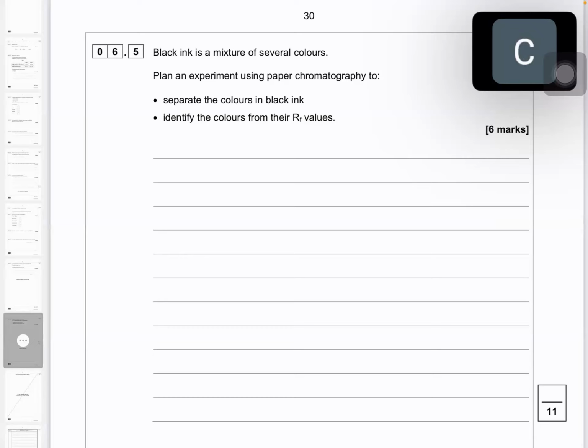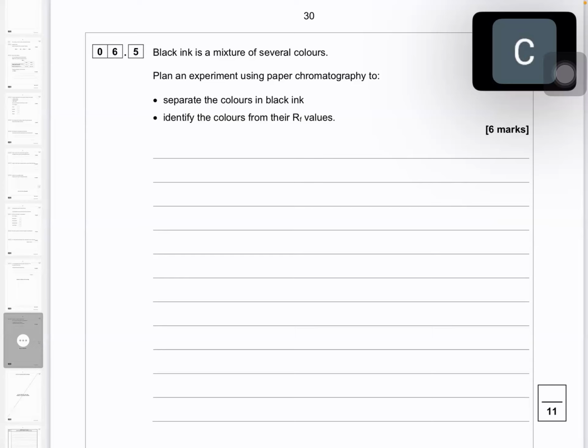Water is a good solvent for things like salt, but it would not work for black ink. Why? Because black ink is also an organic mixture. So it will only dissolve in organic solvents like petrol or kerosene.